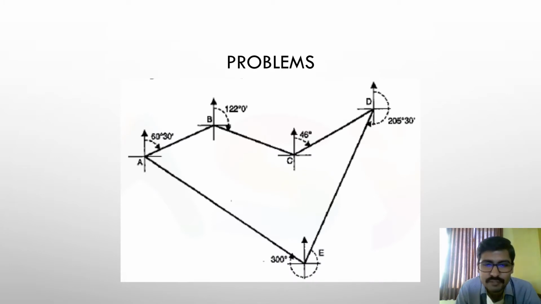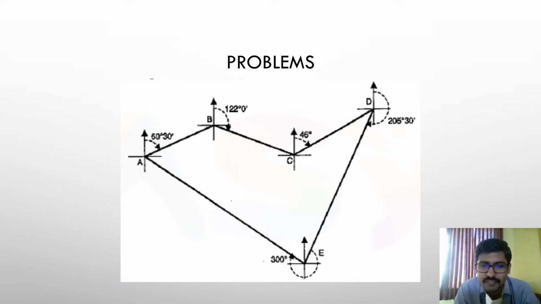Whatever bearings have been given, using those bearings you are supposed to draw a rough diagram showing all the bearings. Having a rough diagram will always help you to get the angles required. So in this problem, interior angles are being asked, and interior angles in the sense, the angles lying within the area.